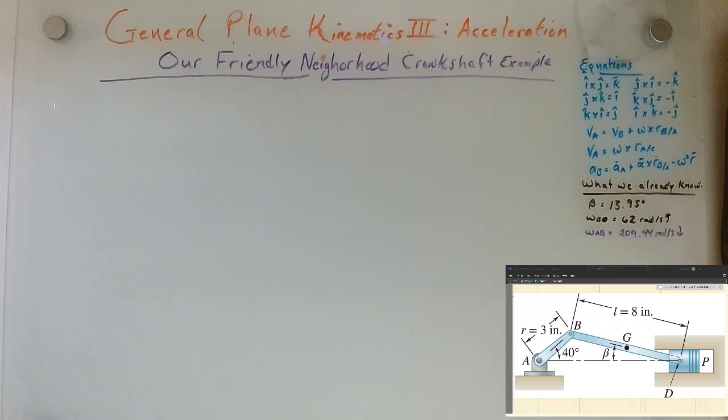Here we're asked to find alpha of BD and the acceleration of D.